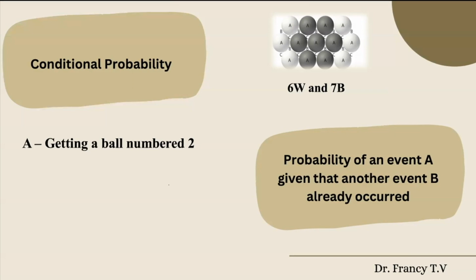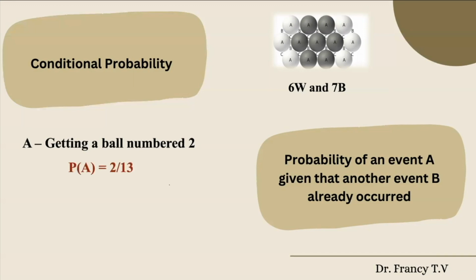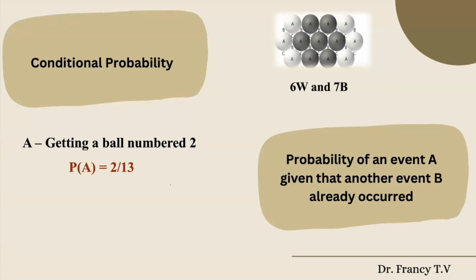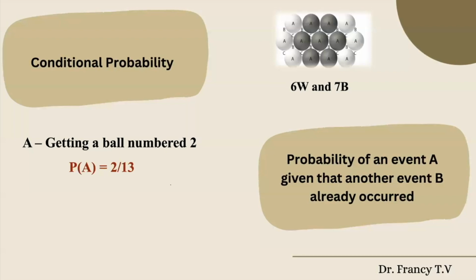Clearly, using classical definition, you will answer it as 2 by 13, because here we have 2 balls numbered 2 and totally there are 13 balls. So according to classical definition, probability should be equal to number of favorable cases divided by total number of cases, which is 2 divided by 13.